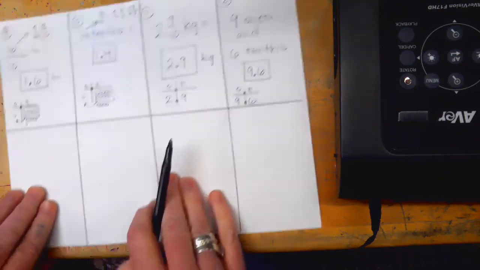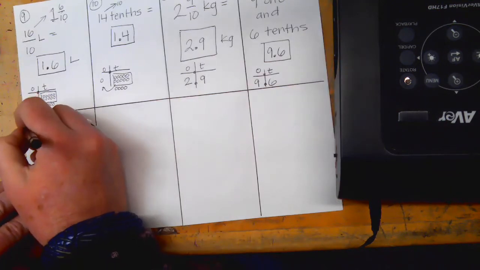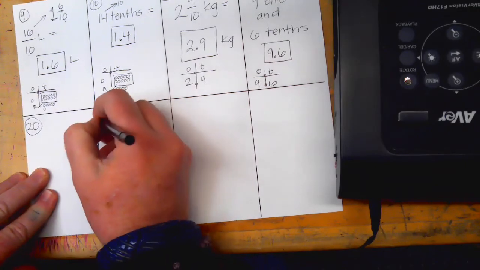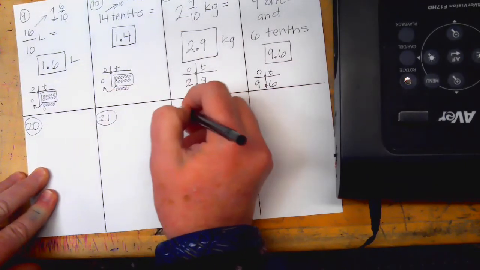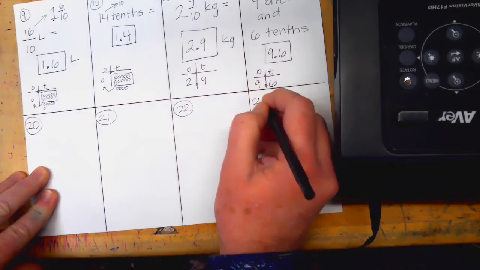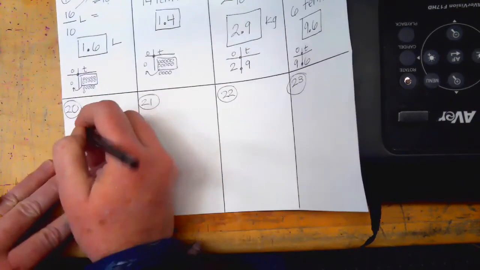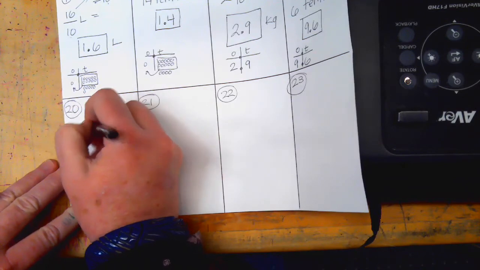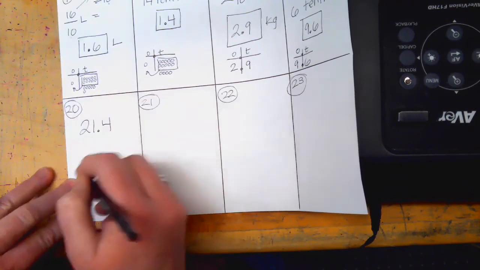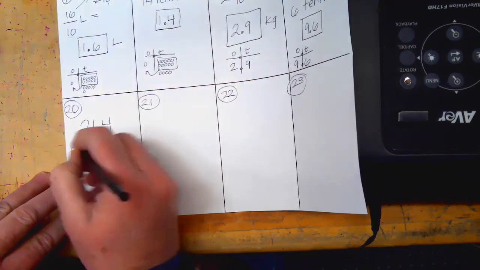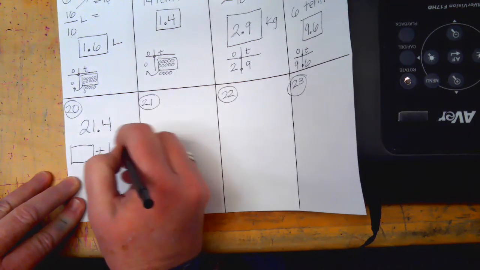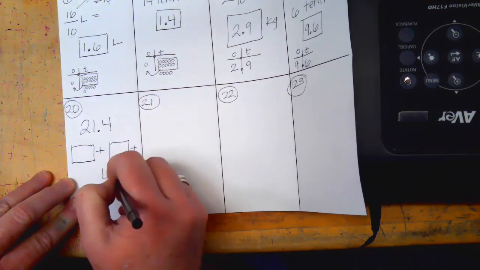Okay, we're going to skip ahead a little bit, and we're going to do numbers 20, 21, 22, and 23. So this one, number 20, says, hey, we have this. That's the same as this plus this plus this.